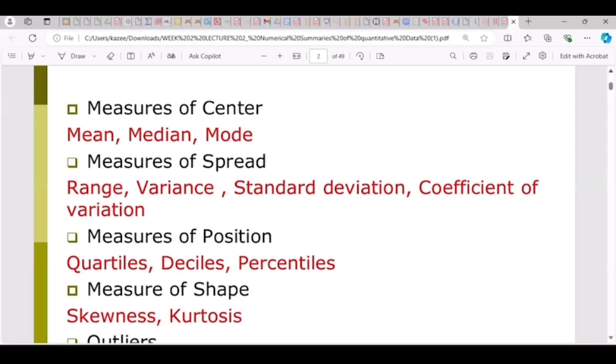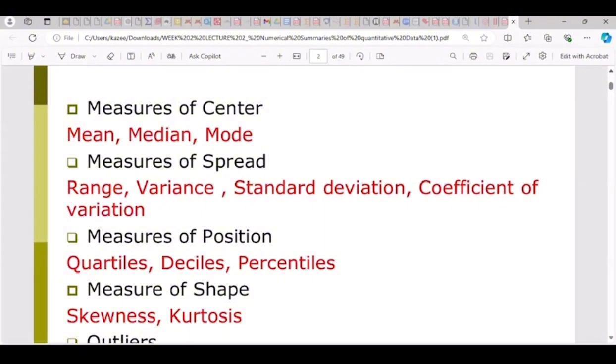We use the mean, the median, and the mode. I'm going to walk you through when it is appropriate to use the mean, when it is appropriate to use the median, and when it is appropriate to use the mode. That is what the measure of center does. It is just to be able to identify one particular data point that is a good representative of the rest.